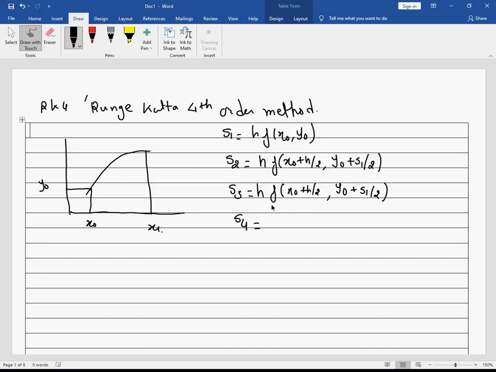And my S4, so instead of taking the average of two slopes, we are taking a 4 slope average: h into f of x0 plus h, y0 plus s3.